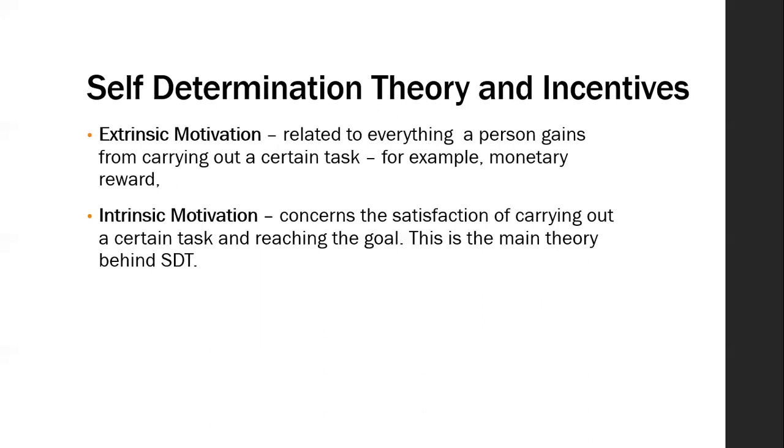Okay? So, we shift perspectives. Extrinsic motivation, yan yung compensation component. Okay? Intrinsic motivation is employee satisfaction. So, employee satisfaction is a form of incentive. So that's something that you have to understand when it comes to incentive systems in management control.